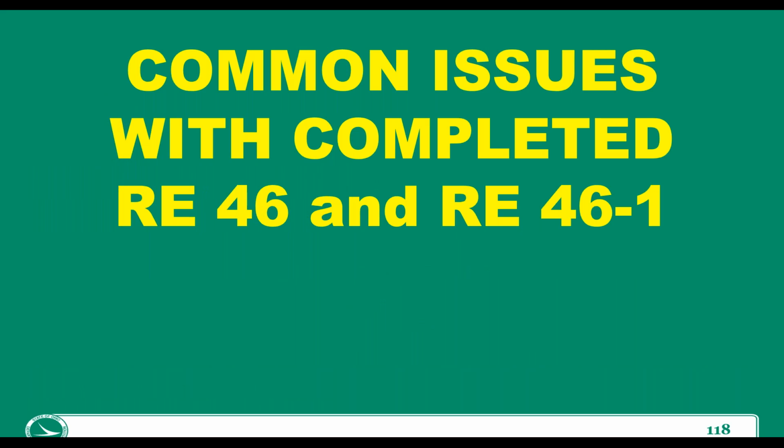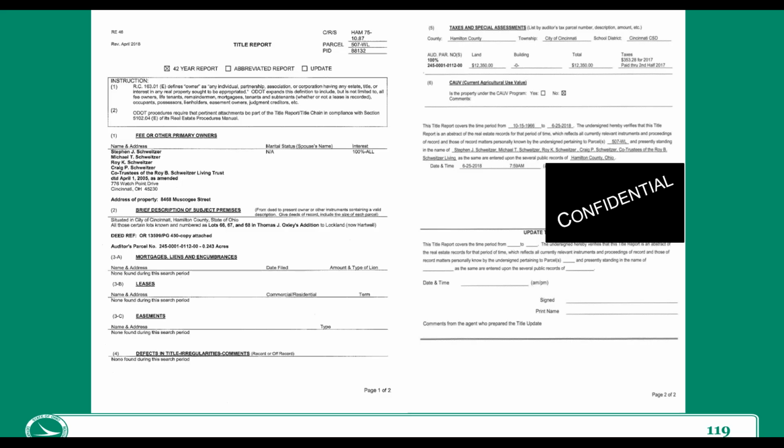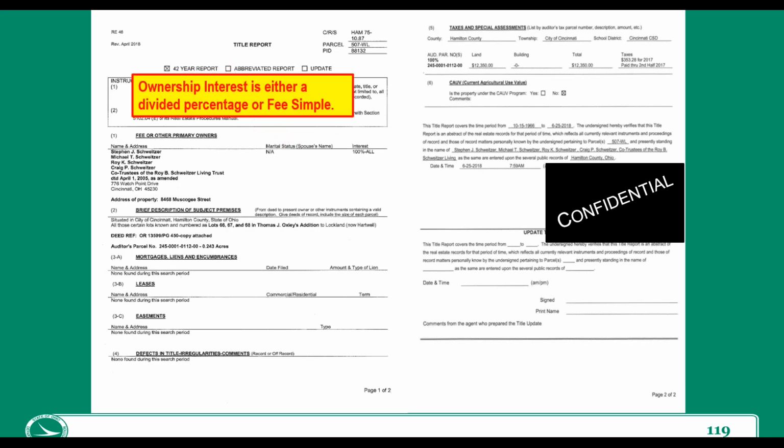Common issues with completed 46 and 46-1s. I threw this in here. These are a lot of things that get run by me, or I find when I'm reviewing titles, or get questions asked about. So, the ownership interest is either divided percentage or fee simple. We've talked a lot about that.